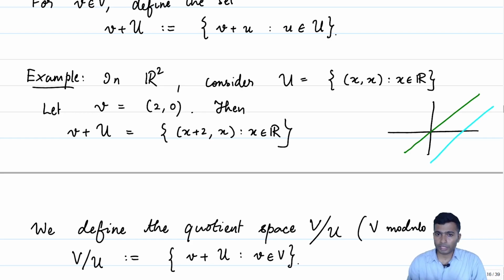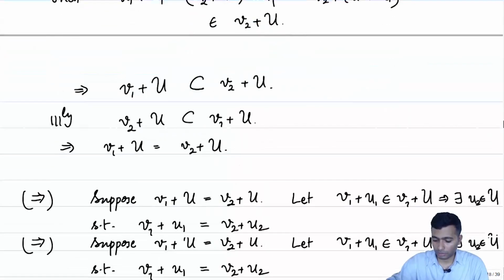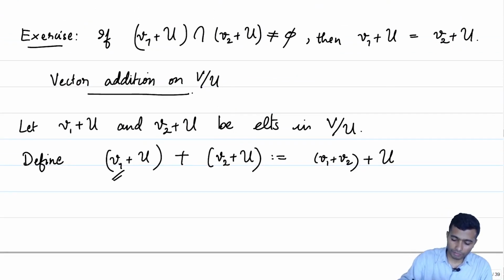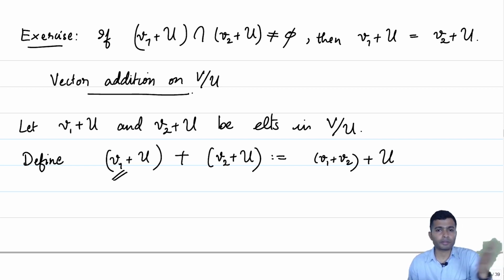So when we are talking about the addition of two such elements, what is the choice of the vector involved? Let me repeat what I just said. The vector v1 that we have here is not necessarily picked in a unique manner. We already saw that if the difference of two vectors is in U, then the corresponding affine subsets are the same, right? So there could be many v1s which will give you the same affine subset here.